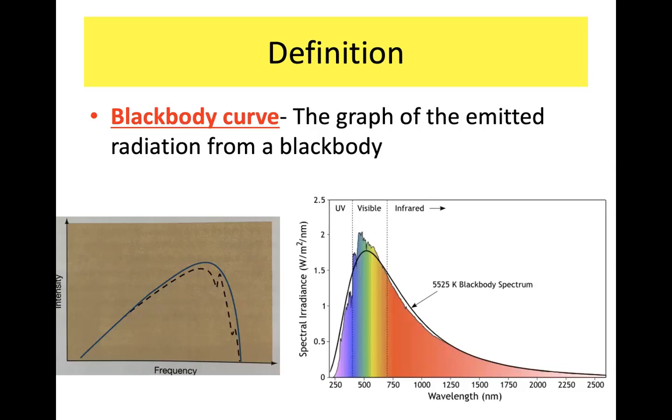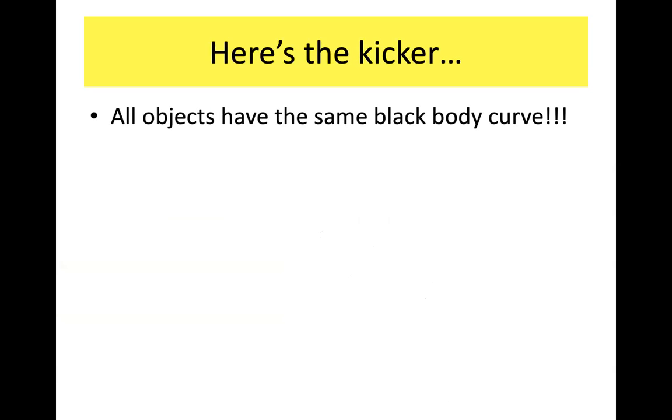Okay, so where is this going? Here's the kicker. Planck measured a whole bunch of objects and their black body curves, and it turned out that for a given temperature, the curves are always the same. You heat up an orange, well, I'm exaggerating, you can't really heat up an orange till it glows, but you heat up a piece of metal, it glows, measure its Planck curve, measure any other object.